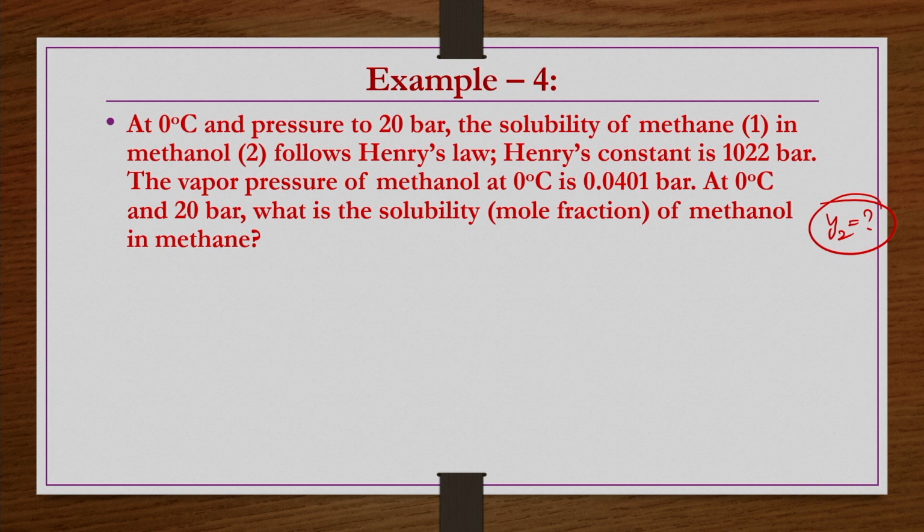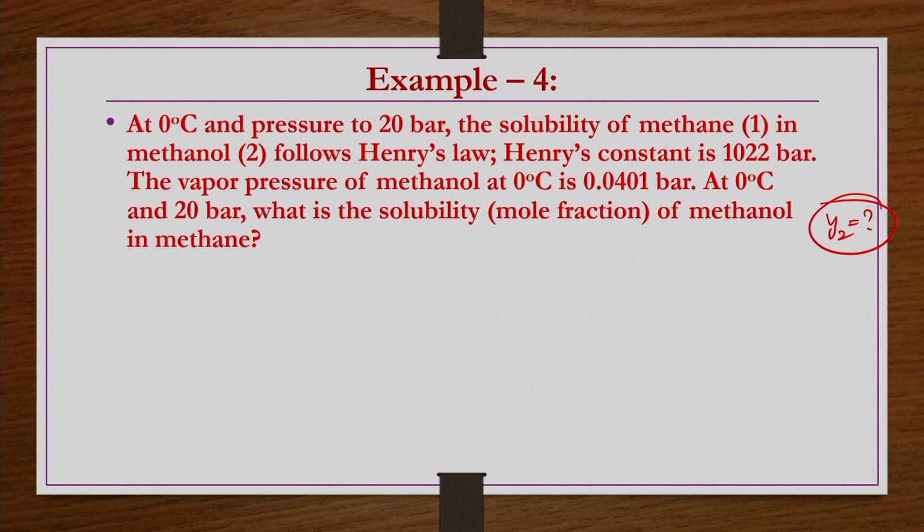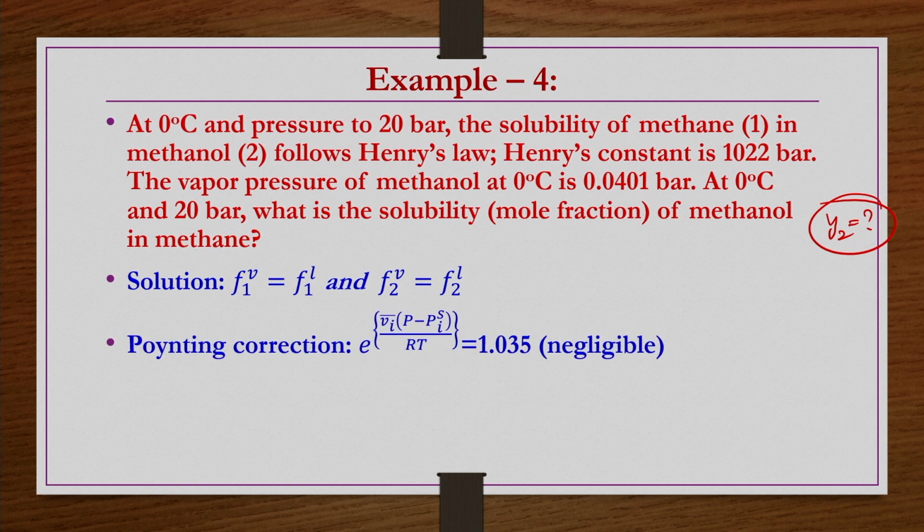There the gas and liquid are both transferring into each other, and it has to be done by a trial and error approach as we were discussing, because in order to find out y2 you need to know x1, phi1, phi2, and phi1, phi2 are again functions of y2, and x1 is again a function of composition y1. So, this is a trial and error approach. So, the purpose here is to find out y2. So, we have f1V equals f1L and f2V equals f2L.